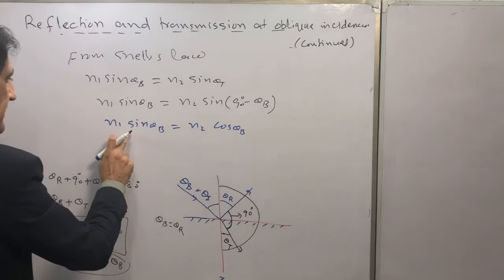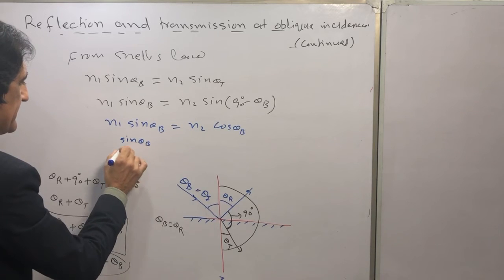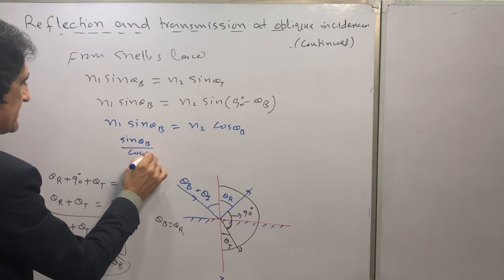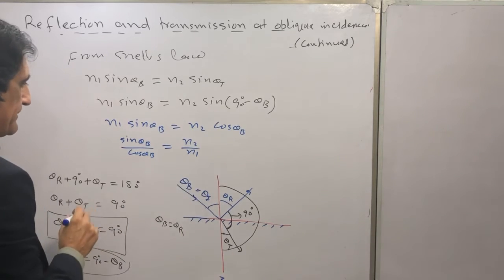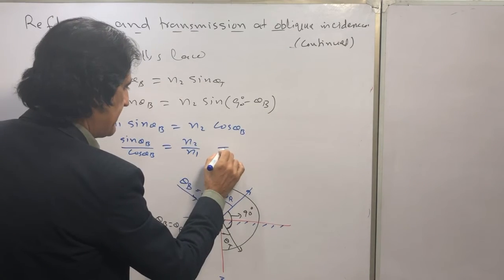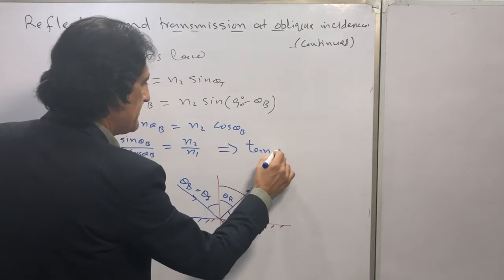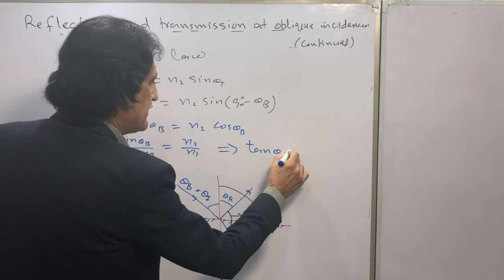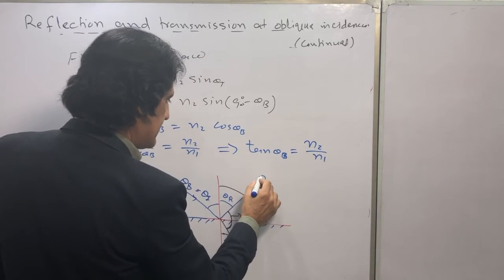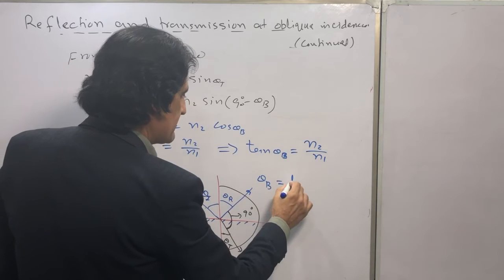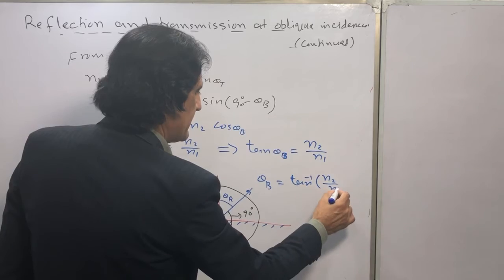And from this relation, sine theta b divided by cosine theta b is equal to n2 divided by n1. And from here, one can get tangent theta b equal to n2 divided by n1, and theta b is equal to tan inverse of n2 divided by n1.